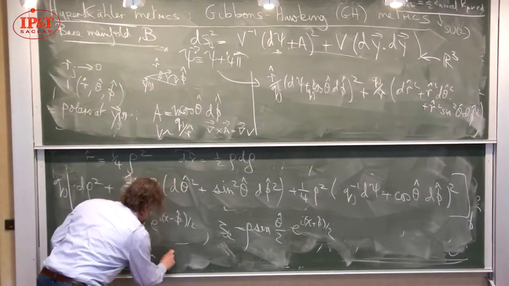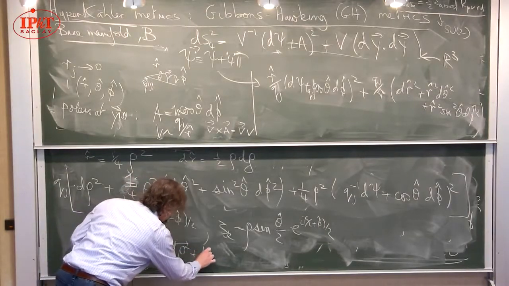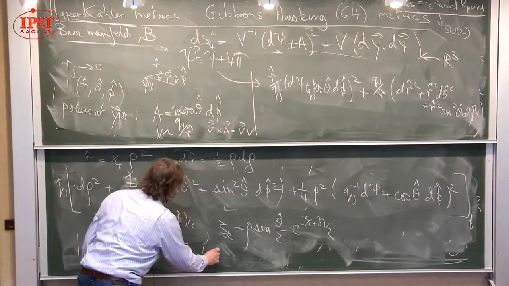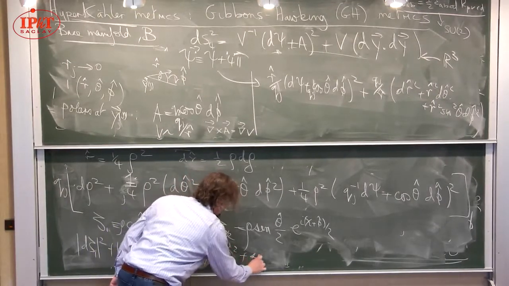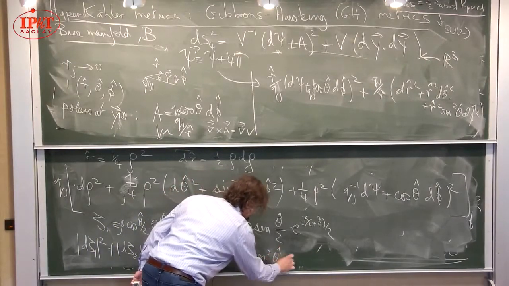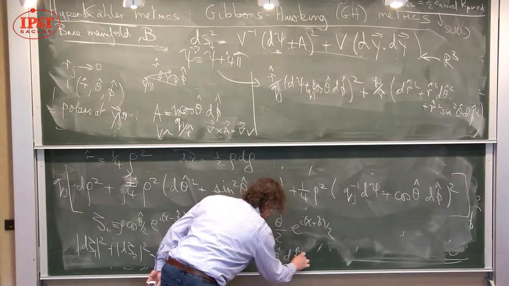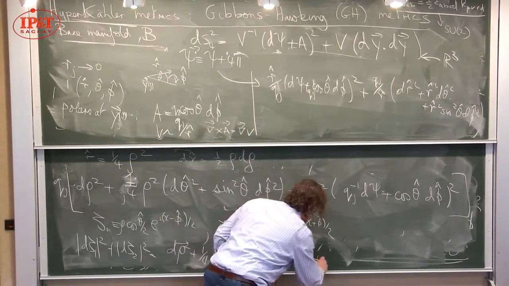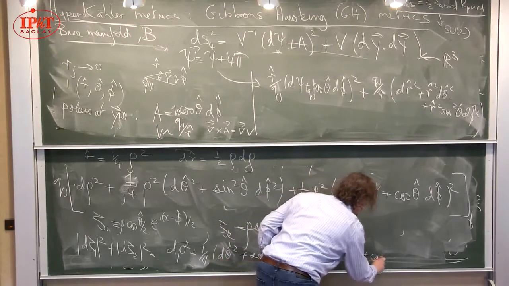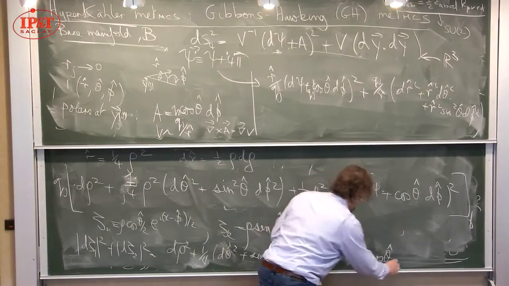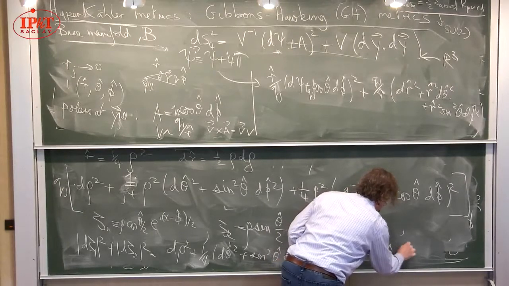you'll find that it's almost exactly this. It is d rho squared plus, the quarters come from the fact I've got lots of half angles, d theta hat squared plus sine squared theta hat d phi hat squared. But there's a slight difference here: 1/4 (d chi plus cosine theta hat d phi hat) squared.